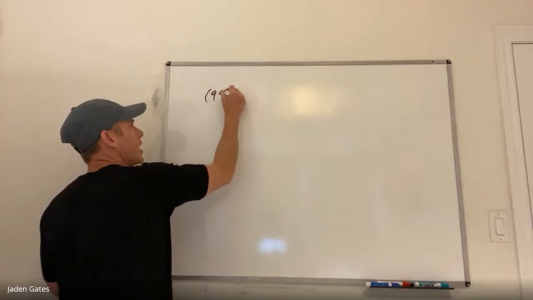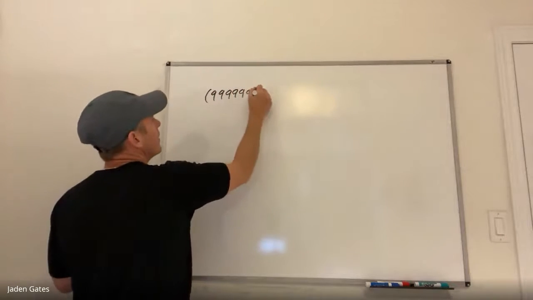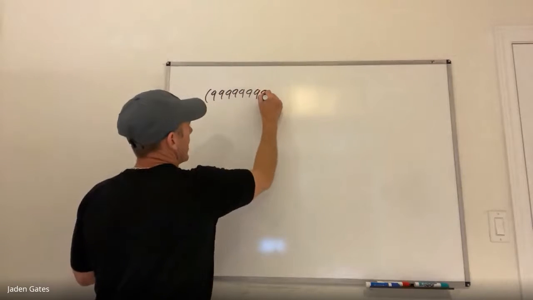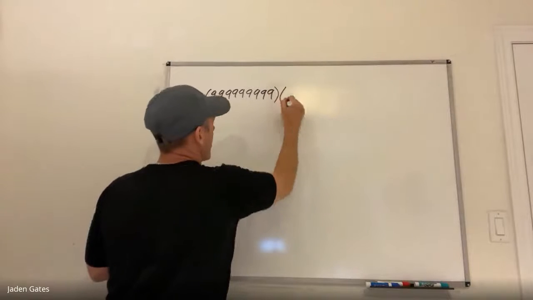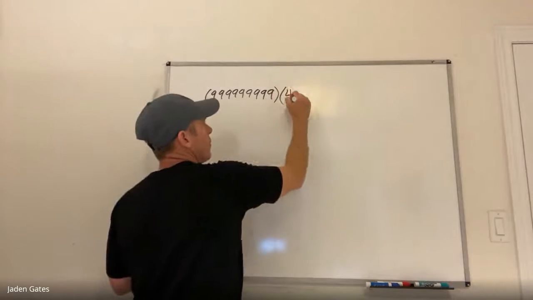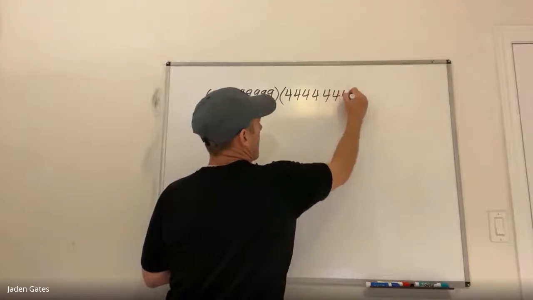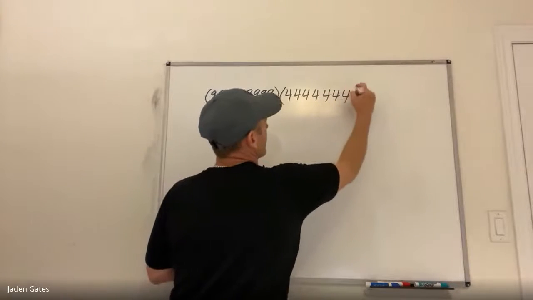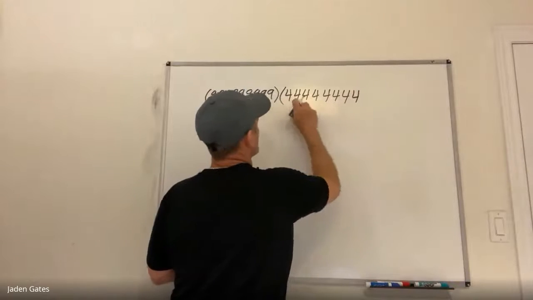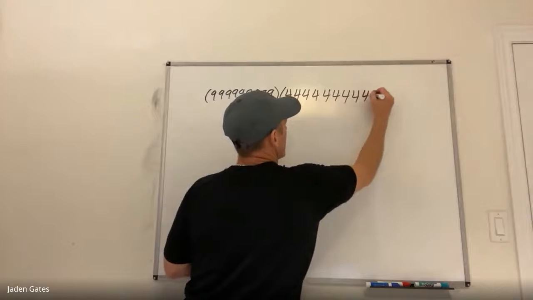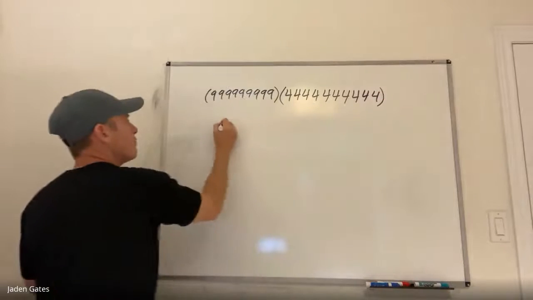And then I'm just going to times it by 10 fours. 1, 2, 3, 4, 5, 6, 7, 8, 9, 10. All right, so I'm just going to multiply those numbers.